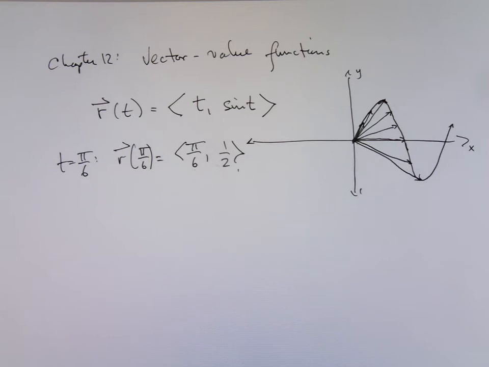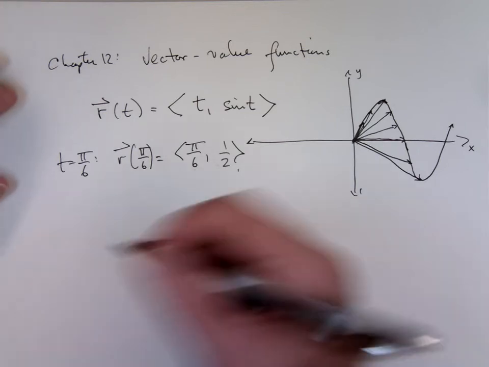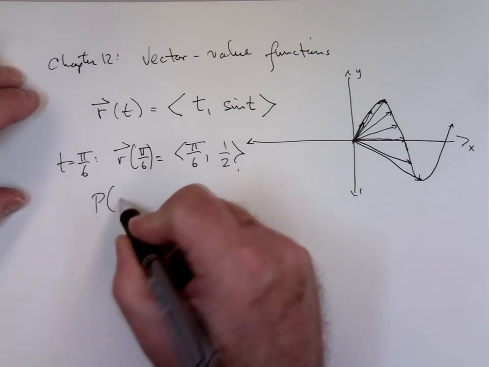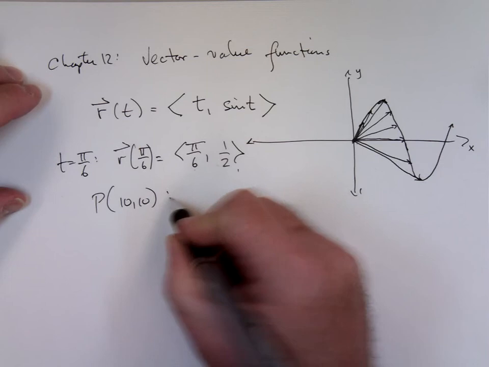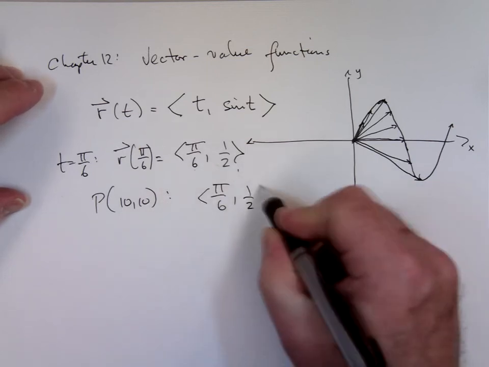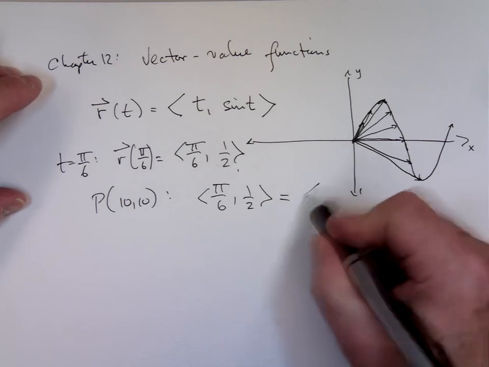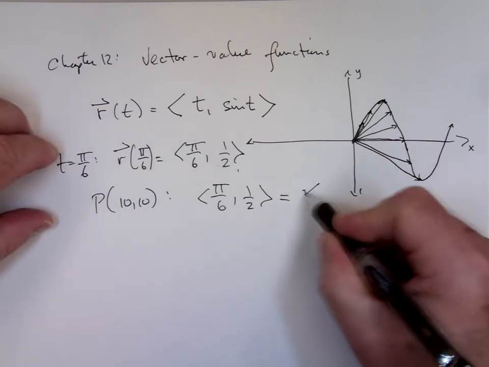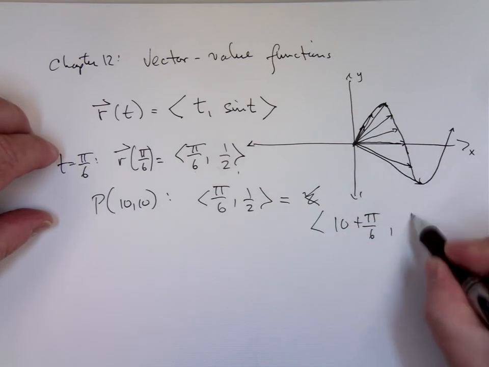Yeah, if you wanted to start it somewhere else, say, suppose you want to start at 10, 10, okay? That vector pi over 6, 1/2, would be equal to the vector 10 plus pi over 6, and 1/2 plus 10, 10 and a half, like this.